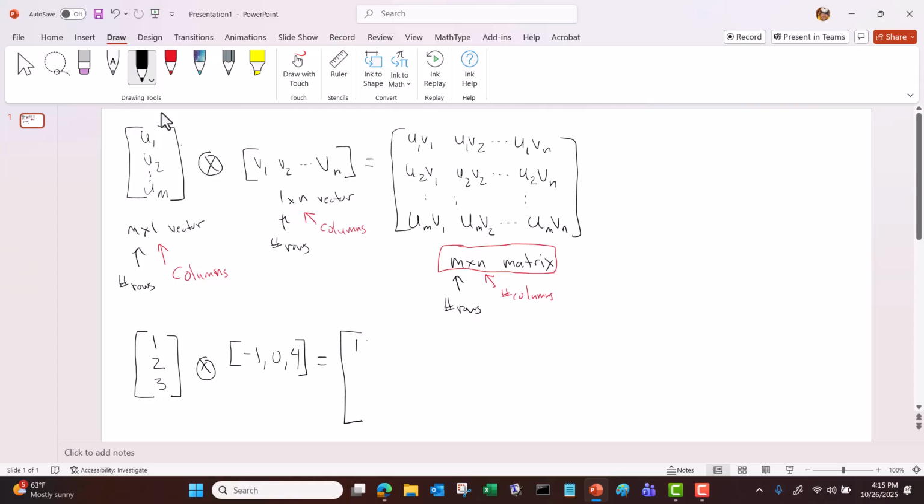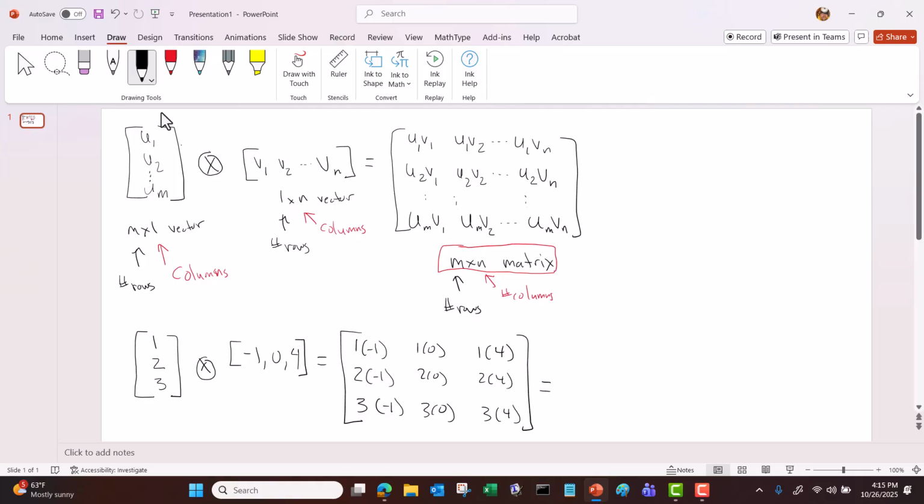So we're going to have 1 times -1, 1 times 0, and then 1 times 4. And then we take 2 and we multiply by each one of these. So we have 2 times -1, 2 times 0, 2 times 4, and then we take 3 and multiply by each of these. We have 3 times -1, 3 times 0, and 3 times 4.